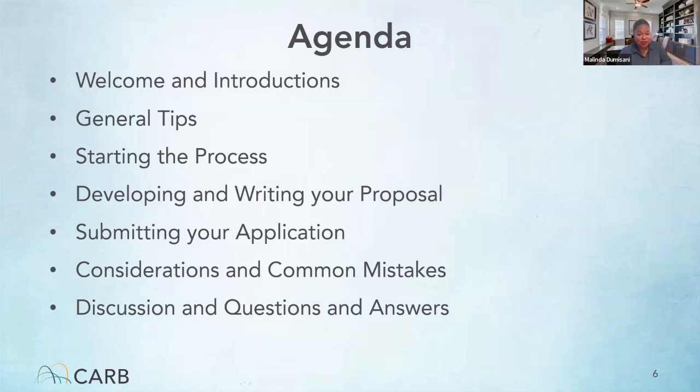This aligns with our commitment highlighted in Blueprint 2.0 to provide more community air protection benefits to communities highly impacted by air pollution. This is a record-breaking cycle as we have almost $16 million in funding to award. And it's the first time ever that we will have that much money to award in one cycle.